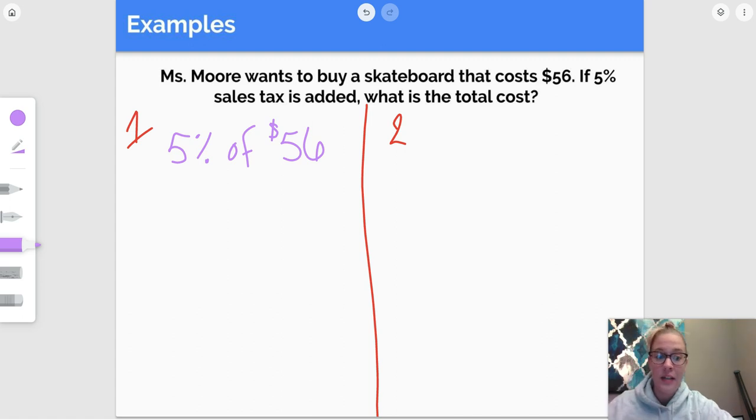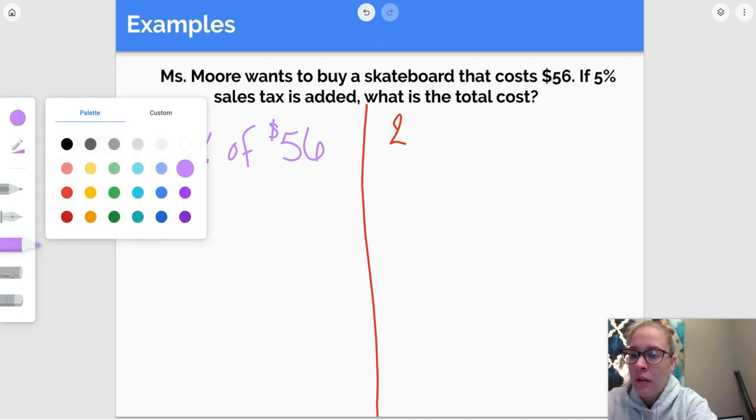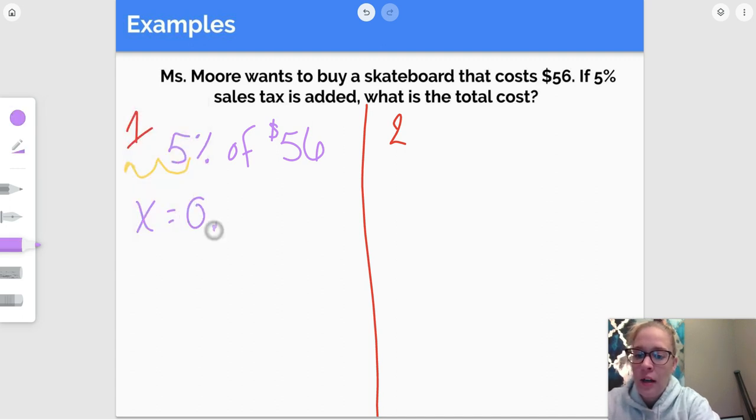That's going to be my sales tax. Well, percent equation. I can find that part, that little piece of $56, by multiplying the percent as a decimal. So remember, 5% as a decimal, move it to the left 1, 2 times. All right, and I have 0.05 times the 56.